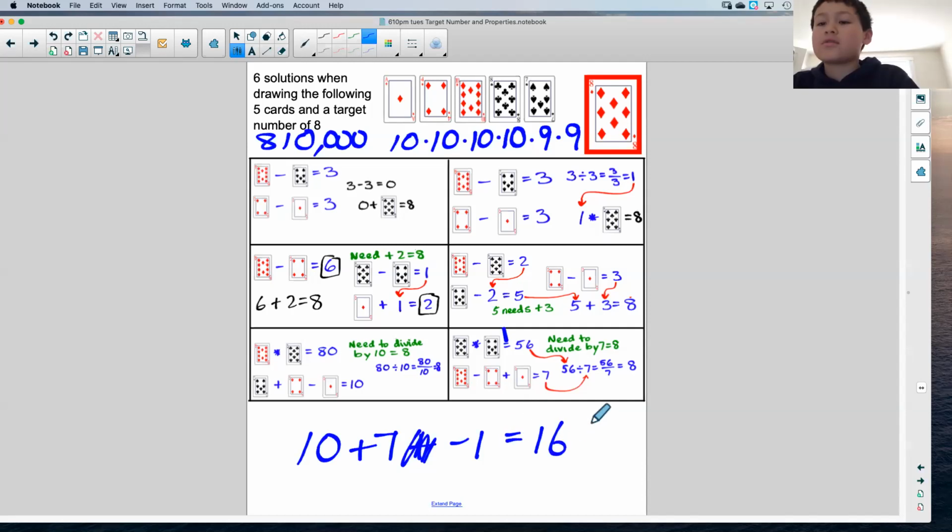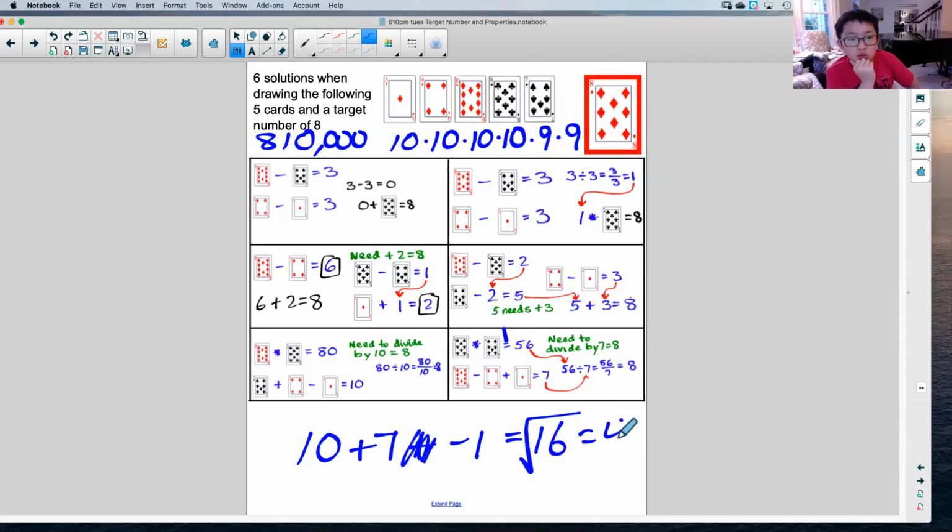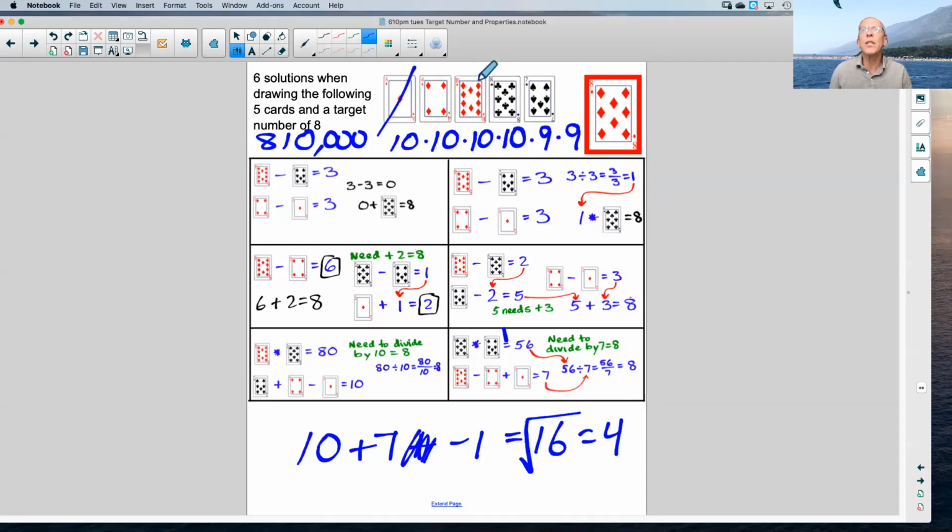Can I do the square root of 16 and then plus the 4? Yeah, why not? But you'd never use, but there is no 2. You've used your ace, you've used your 10, you've used your 7, and you use the square root.